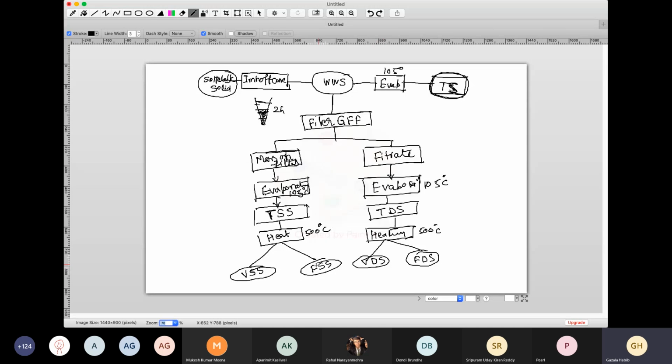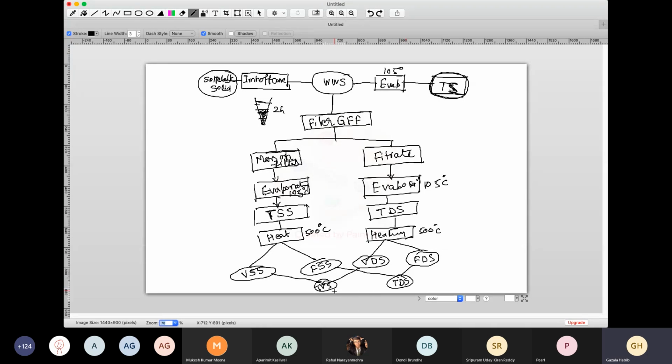Volatile dissolved solid and volatile suspended solid together will give you total volatile solid, TVS. And the fixed solids will give you total fixed solid.